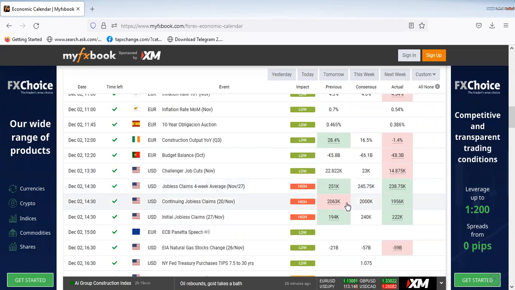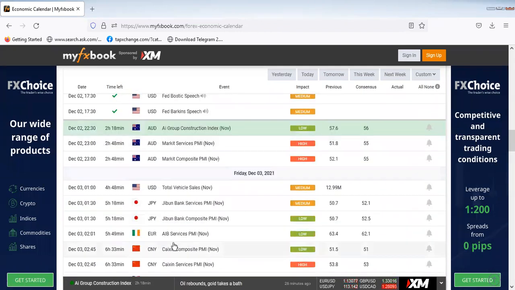Since this actual is less than the previous as at this time, 2:30 p.m., you should enter that market as a sell. But assuming the actual was greater than the previous, you enter that market as a buy. You get that? So that's that.